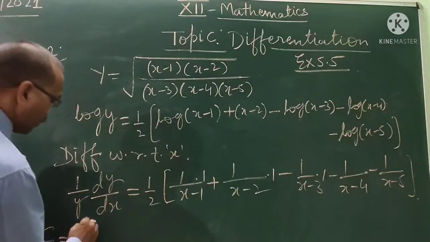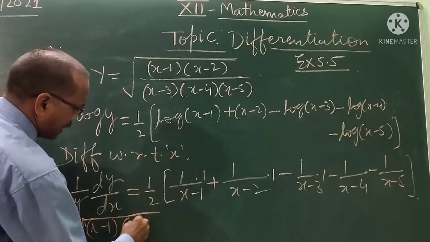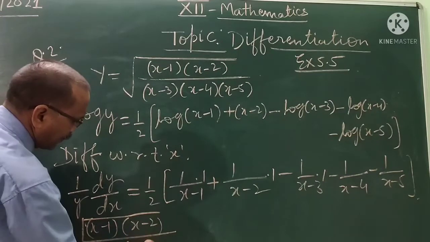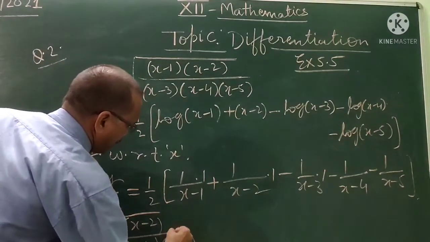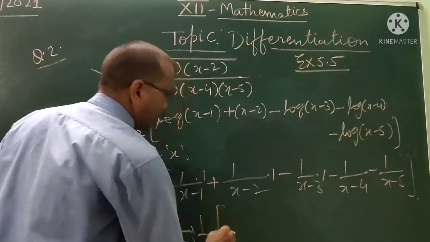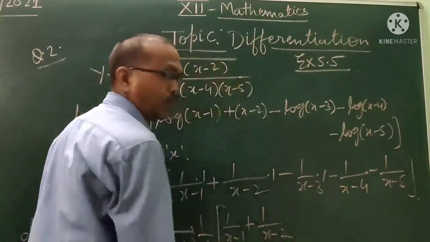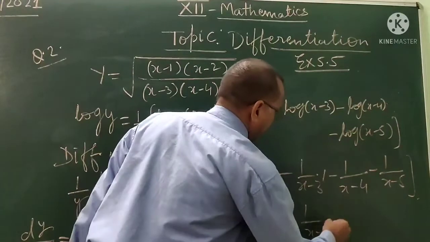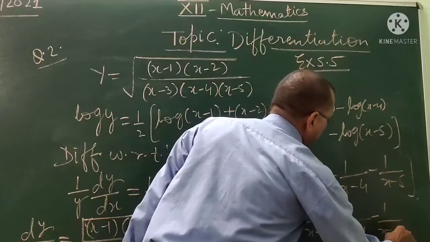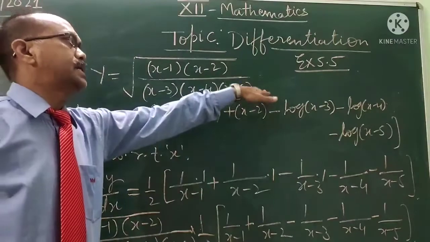So it is root of (x minus 1)(x minus 2) divided by (x minus 3)(x minus 4)(x minus 5), into 1 upon 2, and this whole bracket: 1 upon x minus 1 plus 1 upon x minus 2 minus 1 upon x minus 3 minus 1 upon x minus 4 minus 1 upon x minus 5. So this is the derivative of this given function.